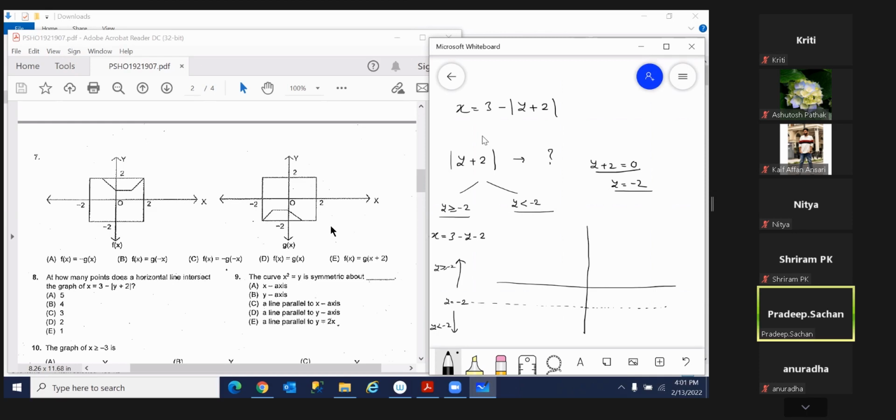Now what are they asking? They are asking at how many points a horizontal line intersects the graph. A horizontal line is like this, I need to draw. So it will intersect at one point only. So here the answer will be E option.